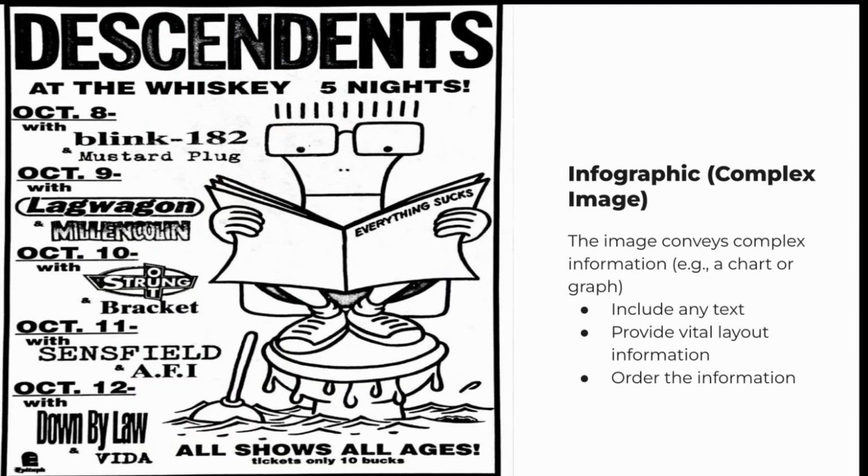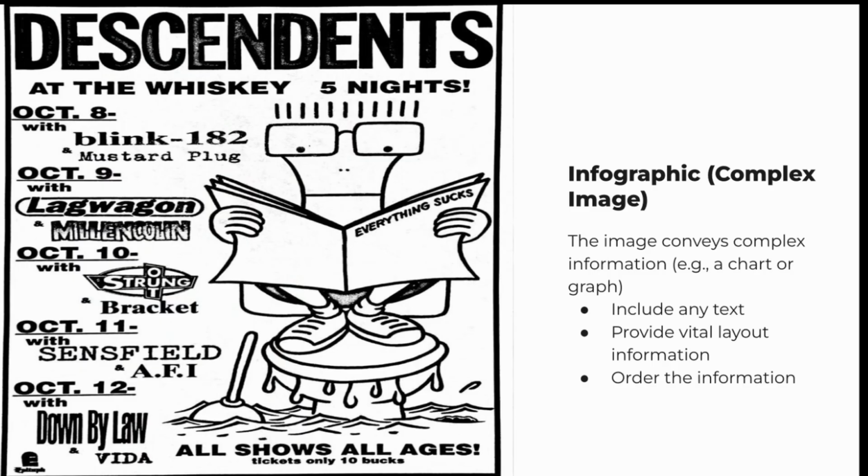So this is an infographic. It's a concert poster. It's layered as well. There are a few different things going on. We have a title, we have an image, and then we have a list of where they're playing. So when you have these infographics, you want to include all of the text that's showing, and then put it in an order that makes sense.